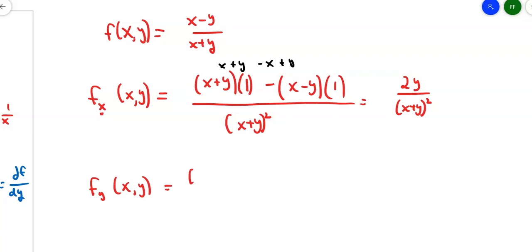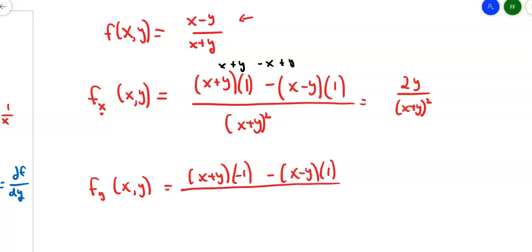Bottom derive the top will be x plus y times. Now derive the x minus y up here with respect to y, and that becomes 0 minus 1. So now we get a negative 1. Minus high d low, so x minus y. The derivative of the bottom with respect to y is still 1 over the bottom squared.